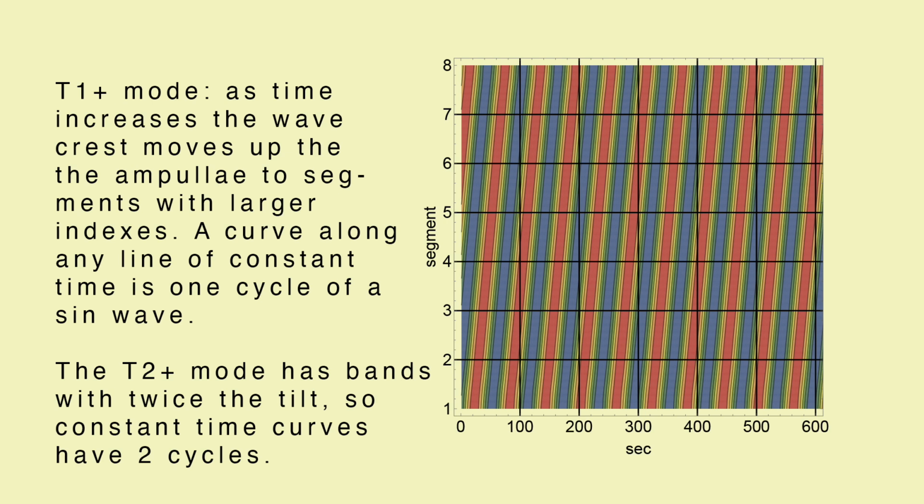As you do this, time on the horizontal axis increases by 60 seconds, the period of oscillation of this ampulla. If you pick one segment, 3 for example, and follow it along the horizontal line of increasing time, the diameter of the ampulla changes as a sine wave with a period of 60 seconds.